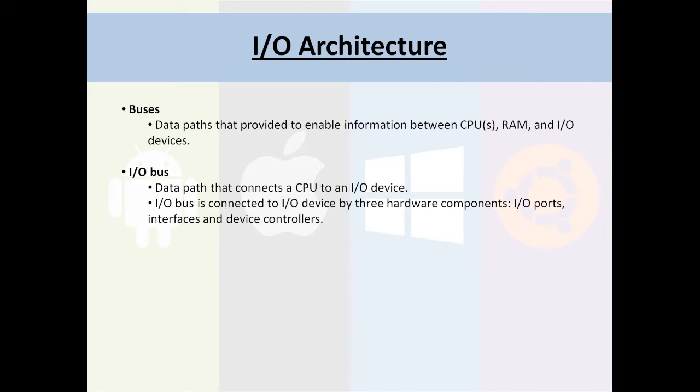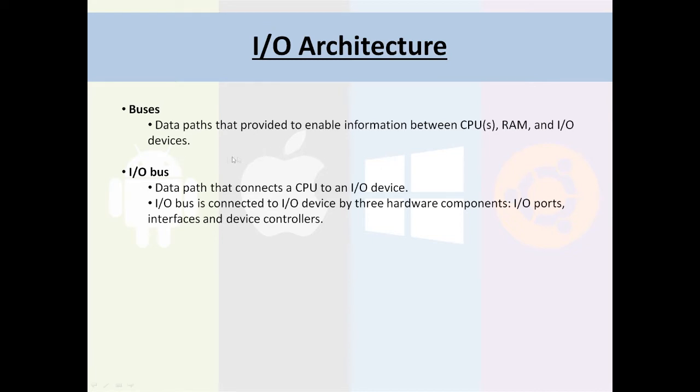Now, what exactly is a bus? Well, simply put, it is a data channel, a data pathway that enables us to transfer information between our various devices like the CPU, RAM, or the actual input-output devices. It is in the form of basically a cable, a wire in essence, but it's etched into your motherboard.